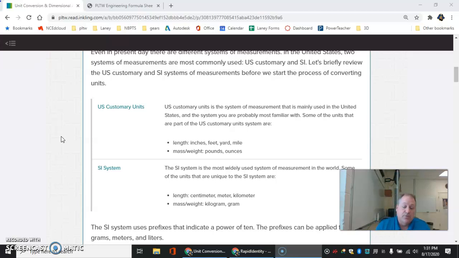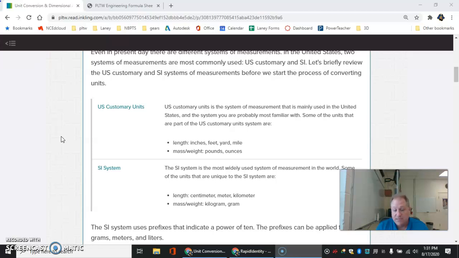Okay. So with the metric system, it's a little simpler because we just have one type of unit for each type of measurement. So for example, for length, we only have the meter. But for large and small values, we can add prefixes in front of meter to indicate large and small numbers.